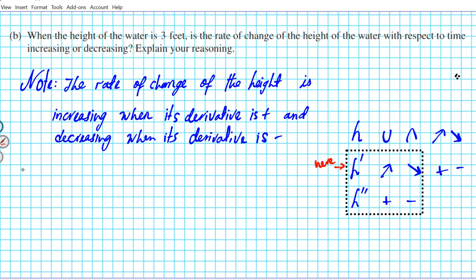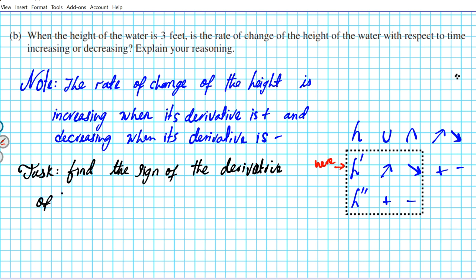Alrighty, so let's go ahead and write this down. What is our task? Our task is to find the sign of the derivative of the rate of change of the height.